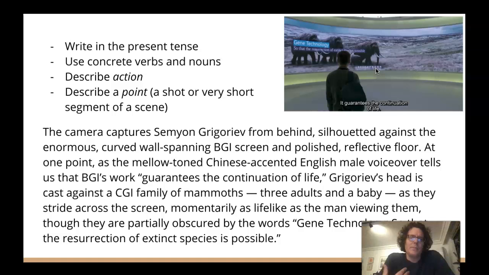But, I'm struck here by how the camera and the directors, I assume Christian Frey here, managed to capture and then show us Grigoriev, who of course is obsessed with mammoths. That's his life's work, and the idea of bringing them back to life is at the heart of the film.